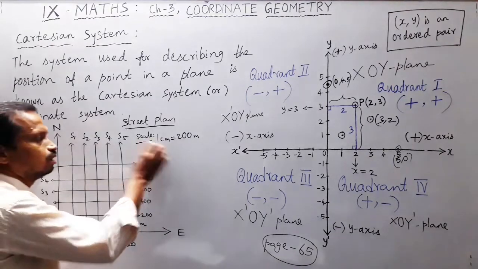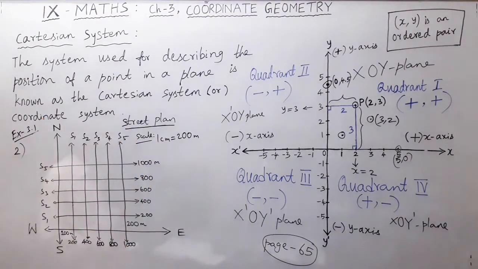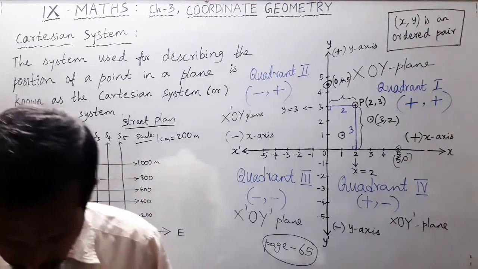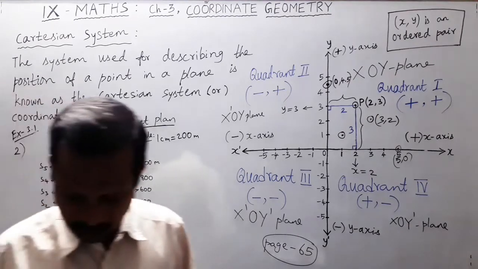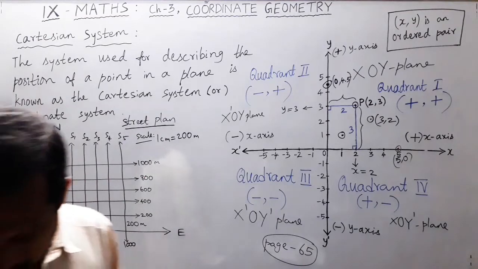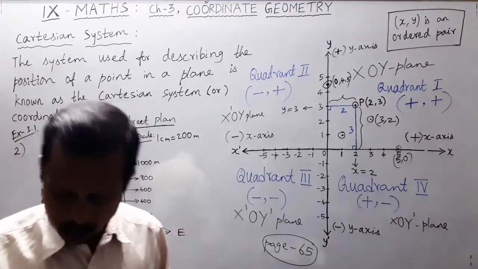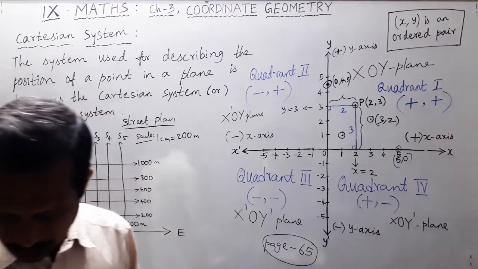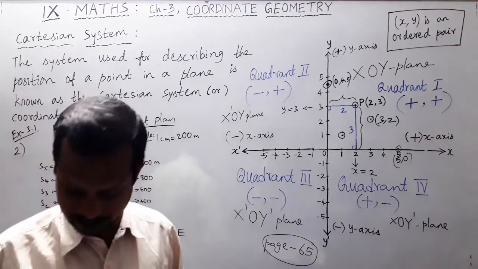So you consider the scale 1 centimeter as 200 meters. You can draw easily. And now they are giving another message there. There are many cross streets in your model. A particular cross street is made by 2 streets, one running in the north-south direction and another in the east-west direction.